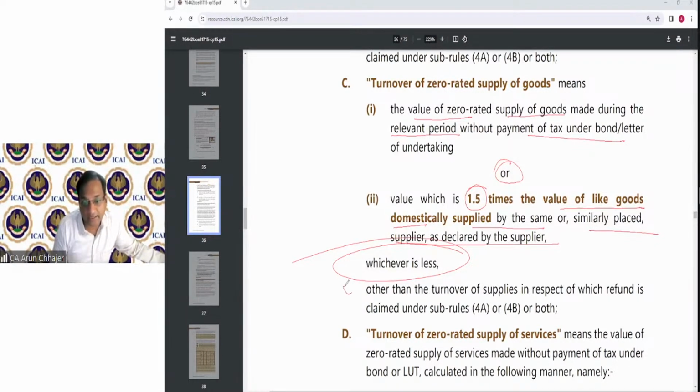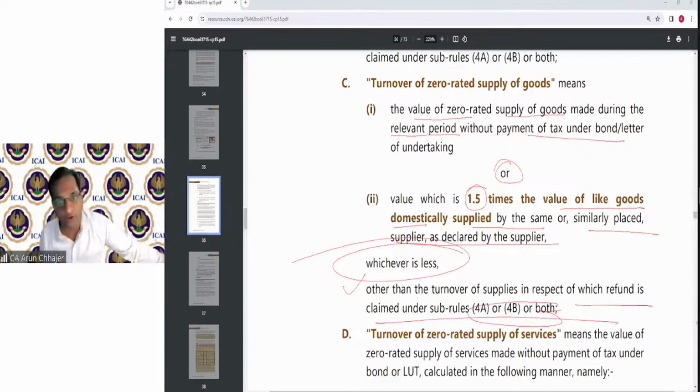Now they are saying other than the turnover of supplies in respect of which refund is claimed under rule 4A and rule 4B. Here this concept also needs to be understood, but let me explain this part first.